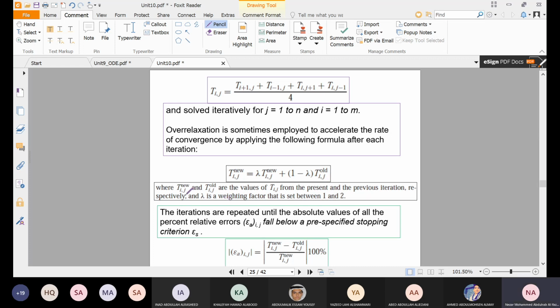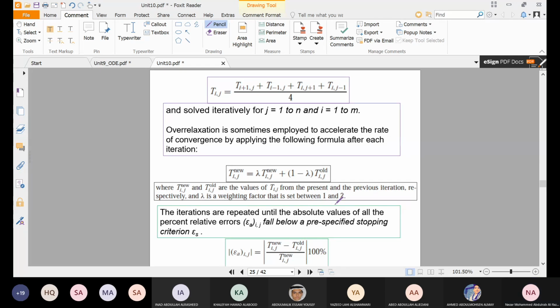So new Tij and old Tij are the values of temperature at the node Tij from the present and the previous iteration, while lambda is a weighting factor with a value between 1 and 2.